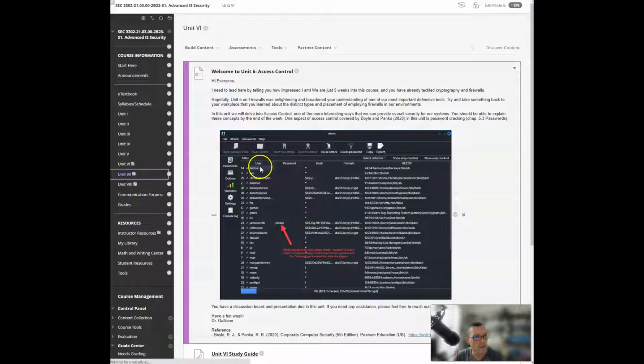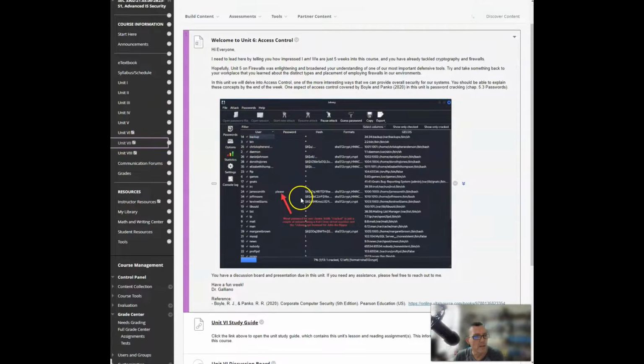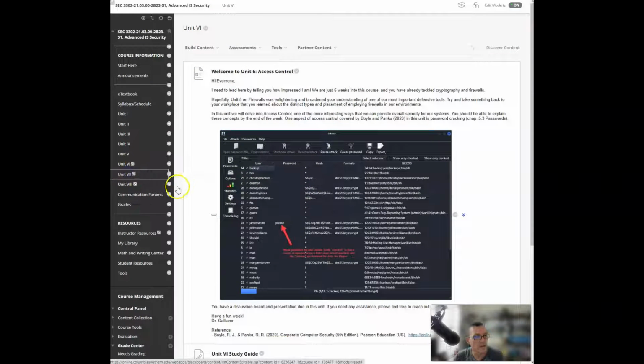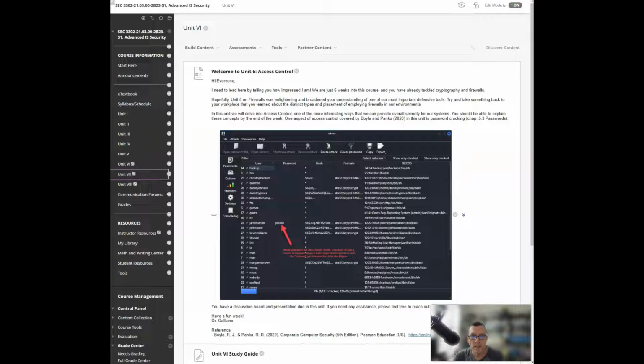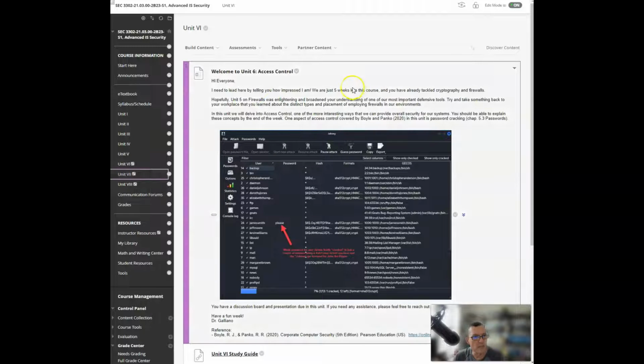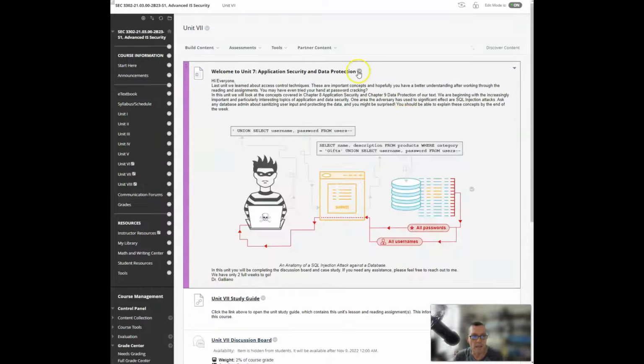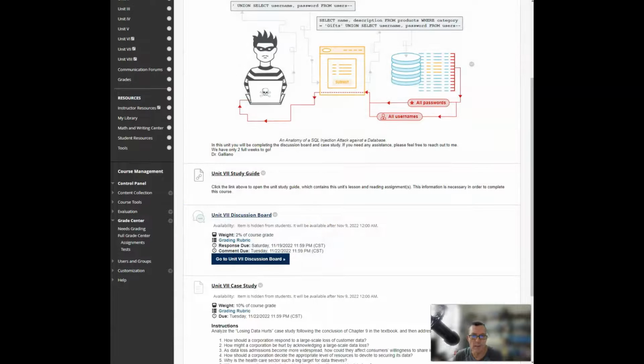And in Unit 7, if I can get this thing to go forward here. It's just taking a minute. In Unit 7, basically we're focusing on auditing in the context of application security and data protection. Again, we had 3 outcomes for Unit 7.